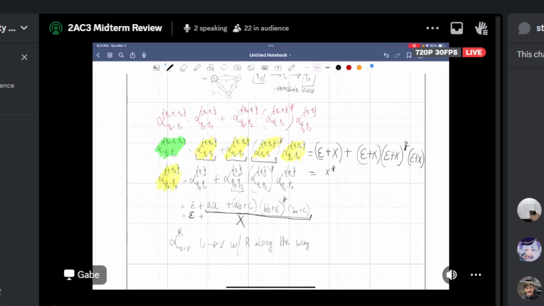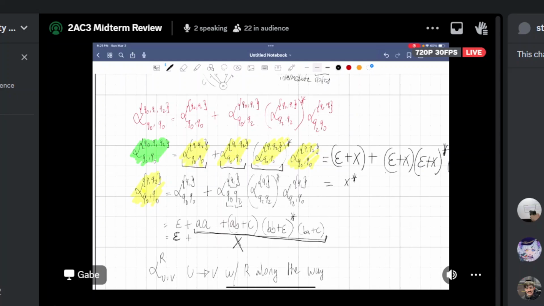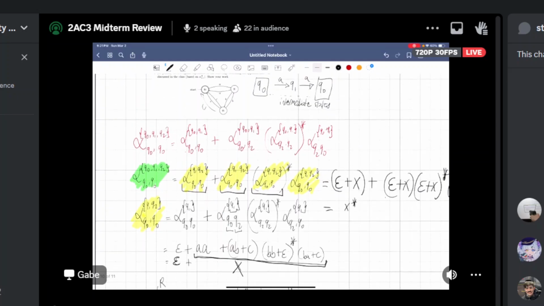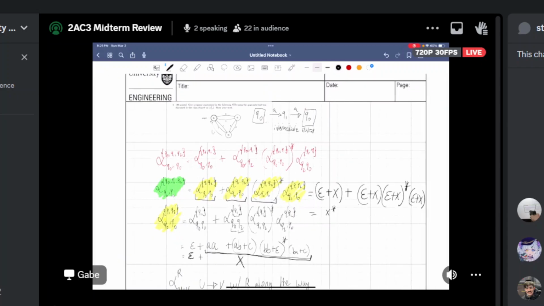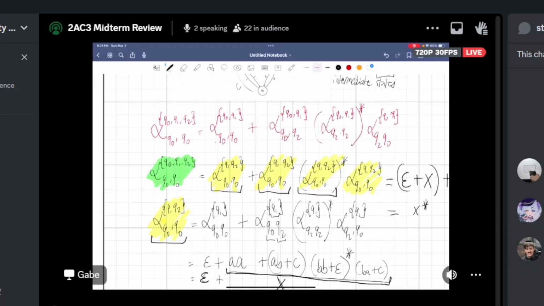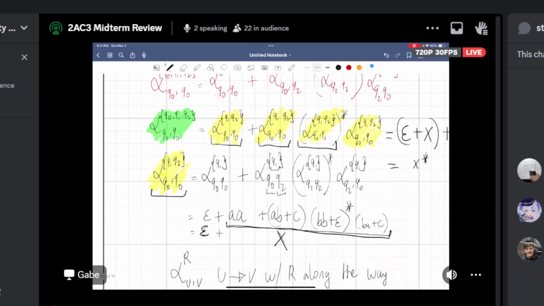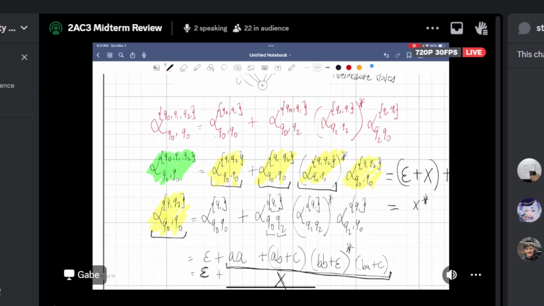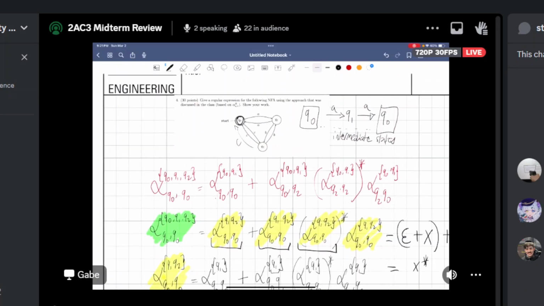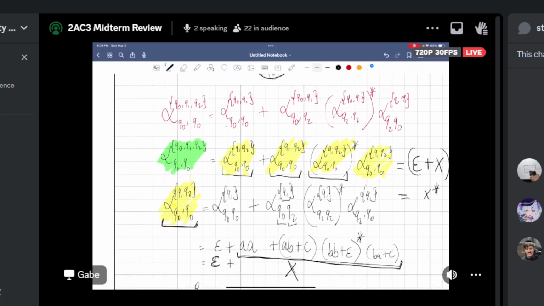So actually, if you look at this, this is the "oh shit" moment I was going for. When you remove Q0, and this is the term we calculated that gave us this big expression with x, it's essentially asking how you go from Q0 back to Q0, passing only all the other states along the way.